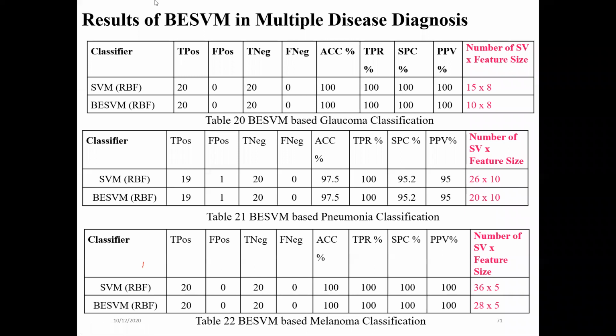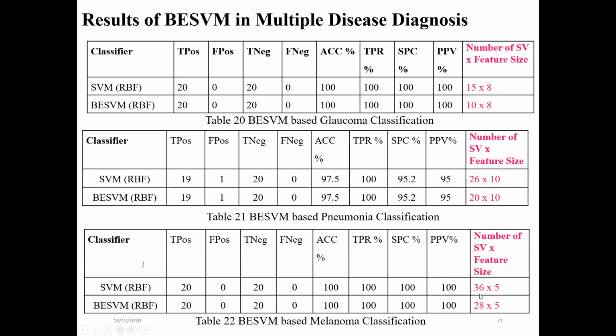You observe the number of support vectors and feature size. Here 15 got reduced to 10, whereas here 26 by 10, which in backward elimination support vector machine reduction, 26 got reduced to 20.